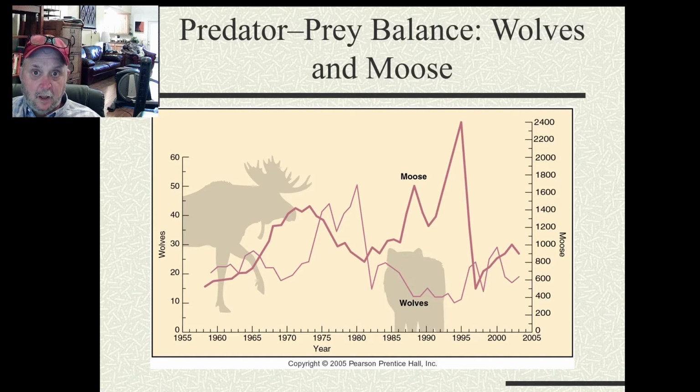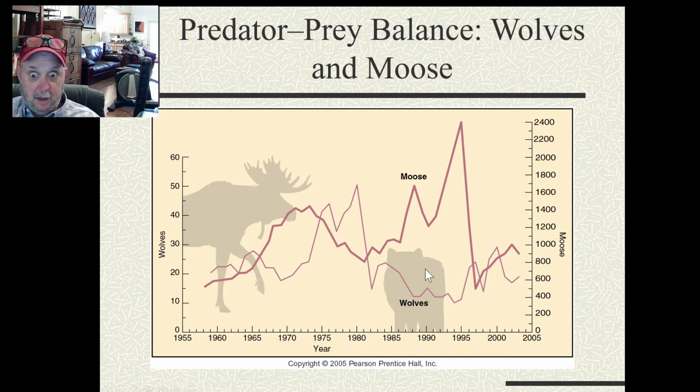Okay, we talked about the importance of predators, and predator-prey balance is discussed in a lot of ecology texts. And here's the classic curve. You have an increase in moose, then you have an increase in wolves. The wolves keep the moose from hitting the carrying capacity, and they decline. But then the moose come back up, and as the moose are down, the wolves decline. But what happened here?